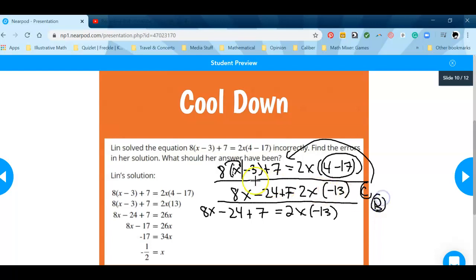B, combine like terms. Let's go up here. I have a plus 7 here, and I have a negative 24. Well, if I combine those like terms there, that's going to leave me with 8x minus 17.